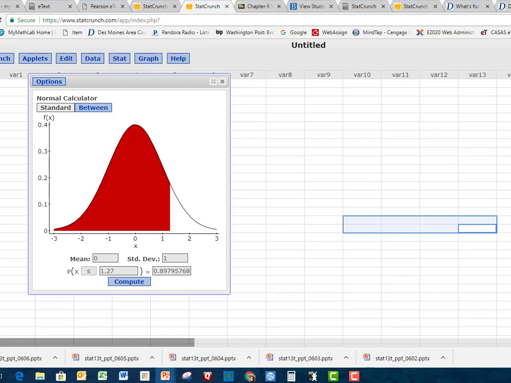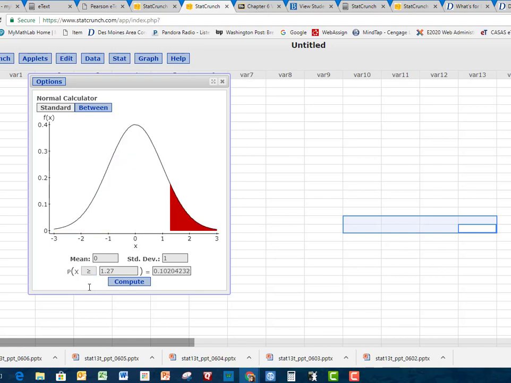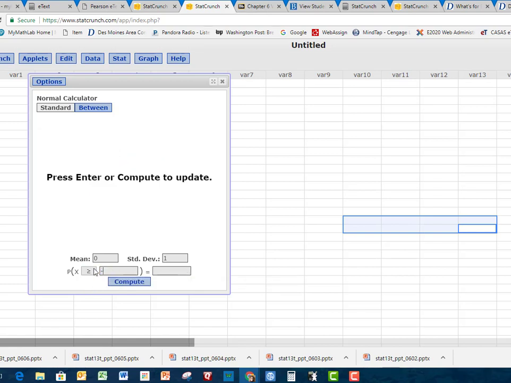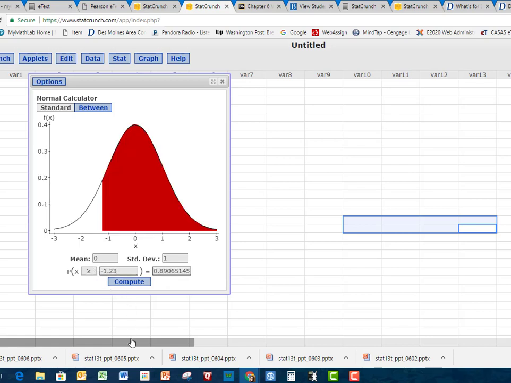Now we want to know, what about a z-score greater than a negative 1.23? So I'm going to just flip this to greater than a negative 1.23, and I'm going to do compute, and there we go. I get 89.06 and so on.